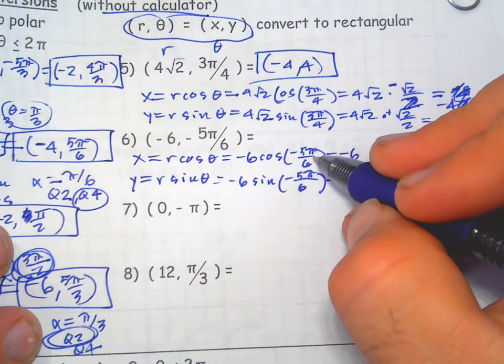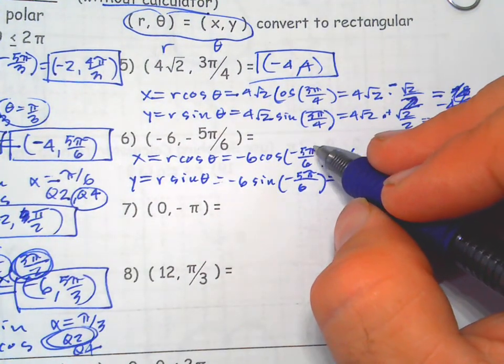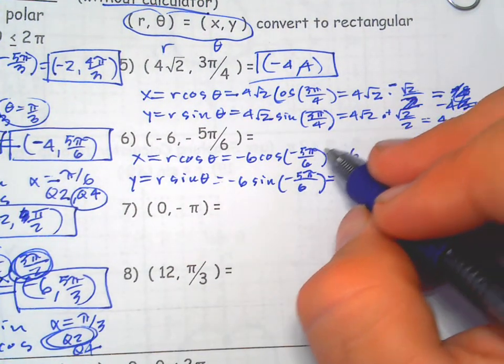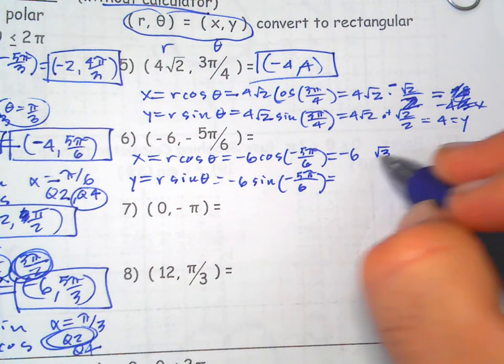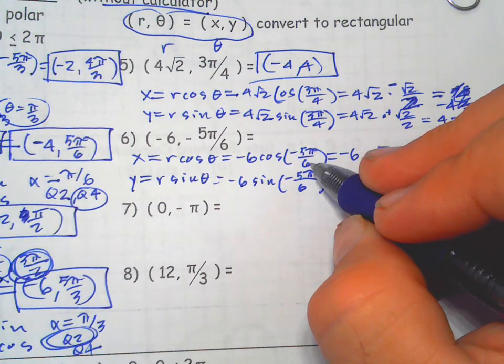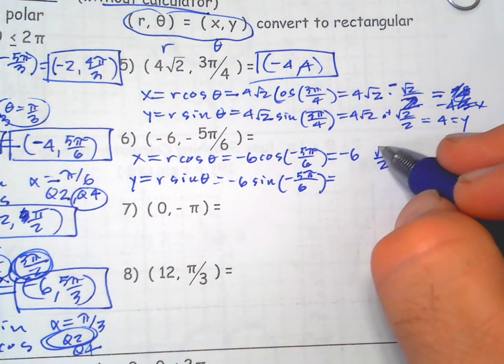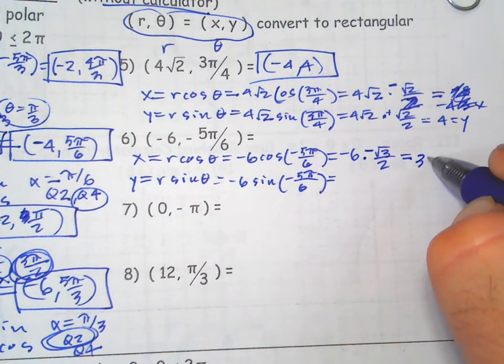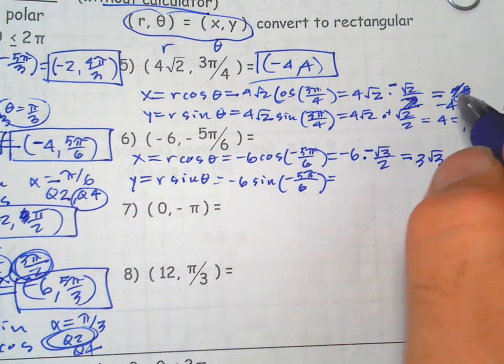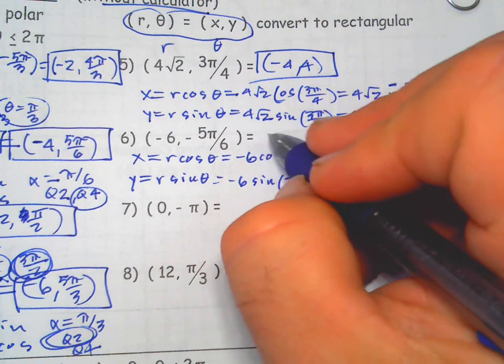So, same thing at negative 5 pi over 6. This is a reference angle of pi over 6. For cosine, that's going to be root 3 over 2. This is in quadrant 3, so it's going to be negative. And so you're going to get 3 root 3 positive for your x.